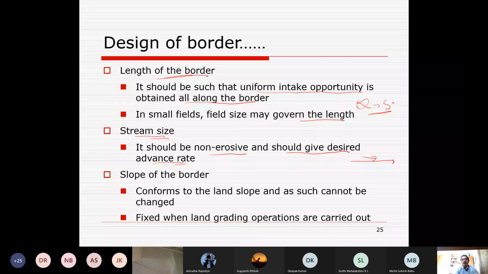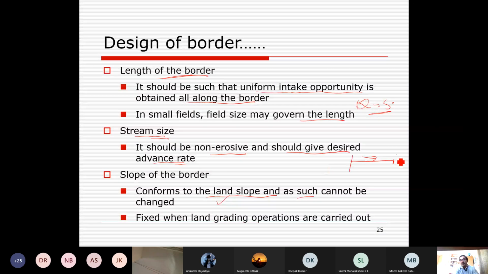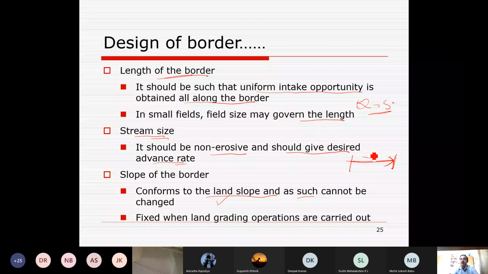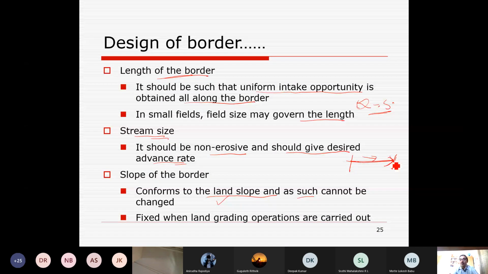Slope of the border conforms to land slope and as such cannot be changed. Once we have decided the slope of the field, as a leveling we have done to design the slope, we cannot change it immediately or usually cannot change it because it's not economical.